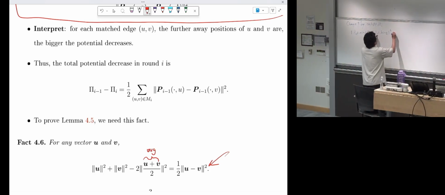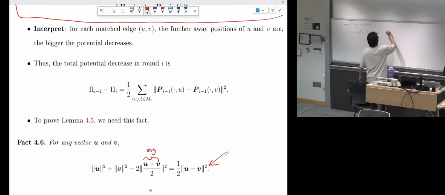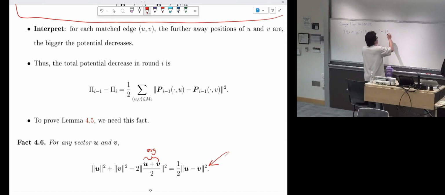But the new potential is just this thing.